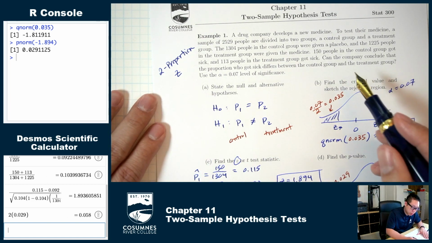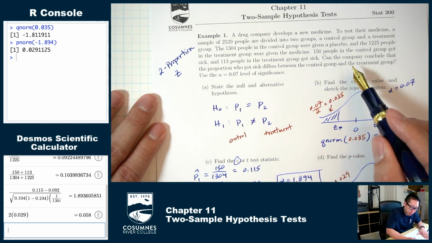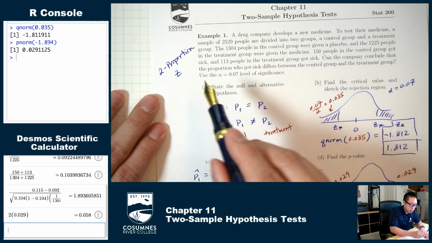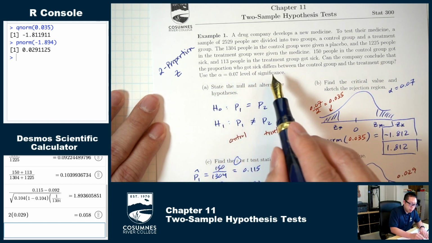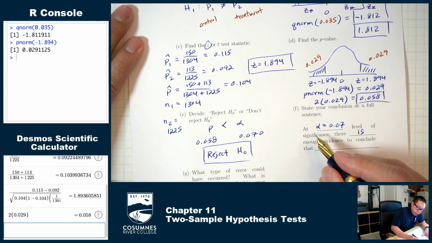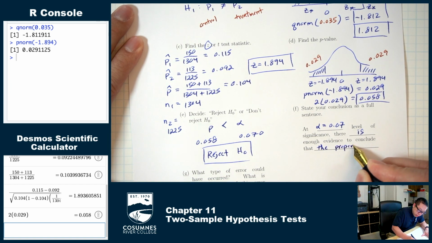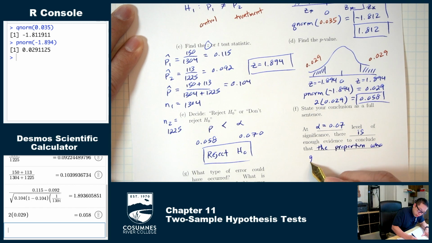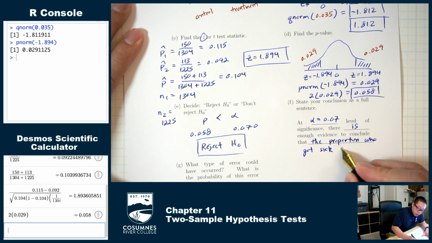But I'm actually going to go up to the question and write it that way. So can the company conclude that the proportion who got sick differs between the control group and the treatment group? So the proportion who got sick differs between the control group and the treatment group.